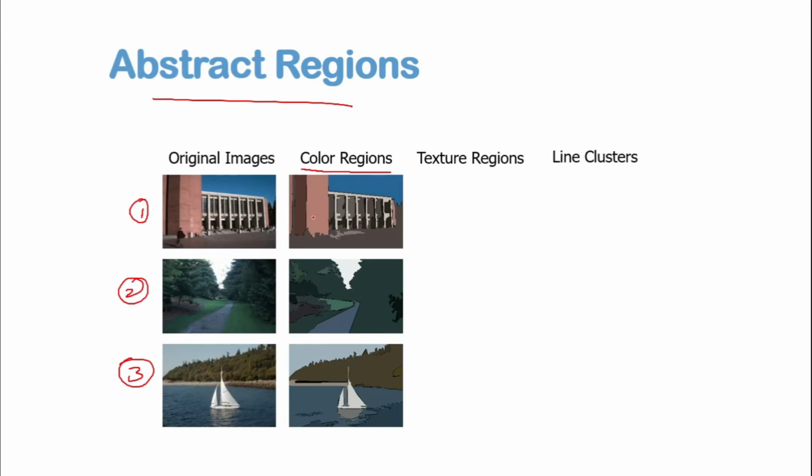I mean, nearby pixel values are merged together so that it looks nice, so that we can easily differentiate between the boundaries. Here also this is very clear, and this is not clear. This looks uniform.